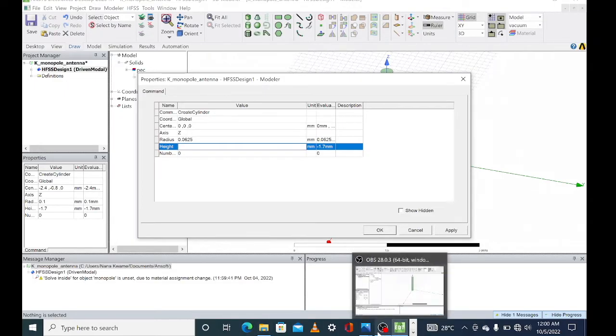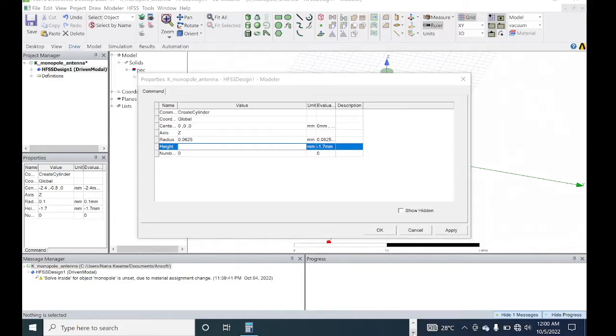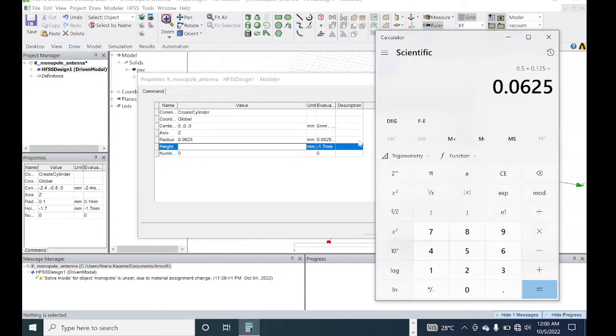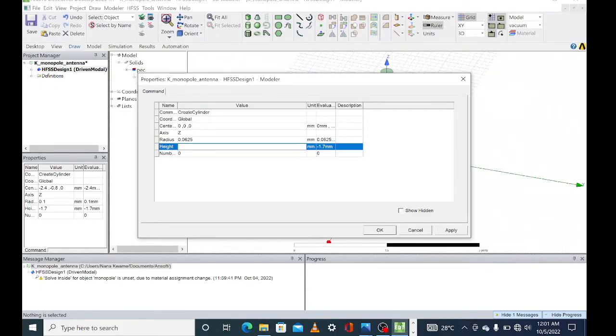We had our lambda to be 120, so 0.25 times 120 gives us a height of 30 mm.